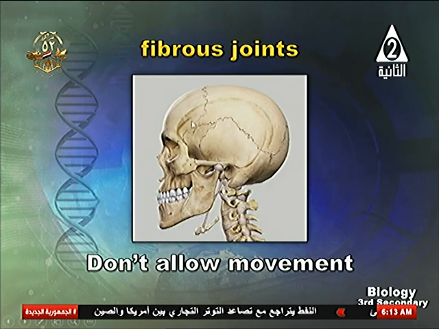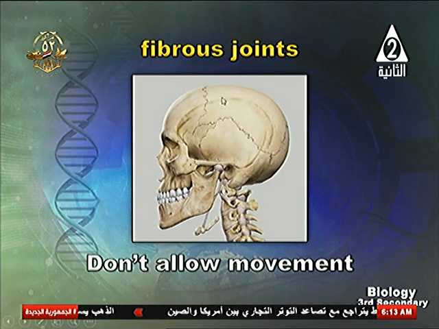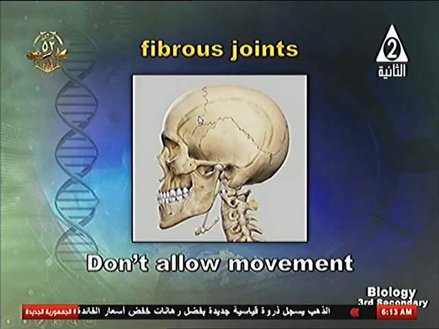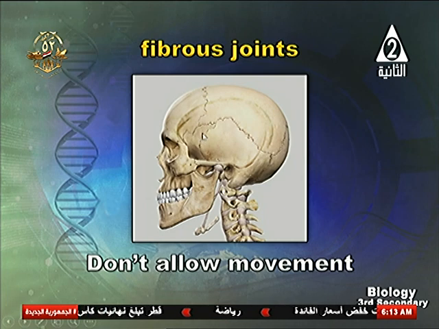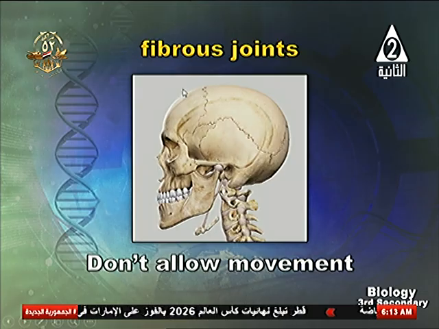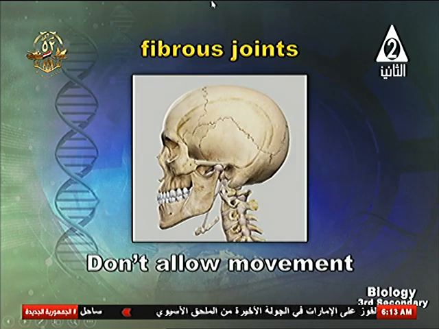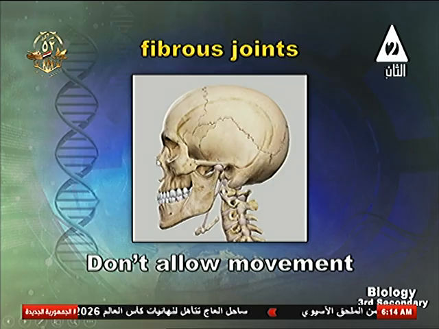Fibrous joints do not move, such as the joints between the bones of the skull, which have serrated tips. Bones of the skull are connected with each other by the serrated tips. Also, another example of fibrous joints is the joints between teeth and jaws.